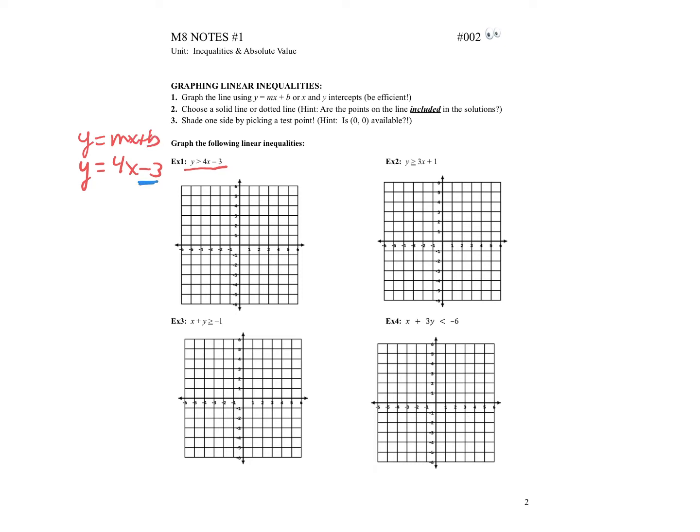From 0, 0, you're going to go down 3 and make a dot. And then the slope is 4 over 1, so you're going to go up 4, 1, 2, 3, 4, and over 1, and then up 4 and over 1 again. Now, because this is greater than, there's no equals, you're going to have a dotted line.